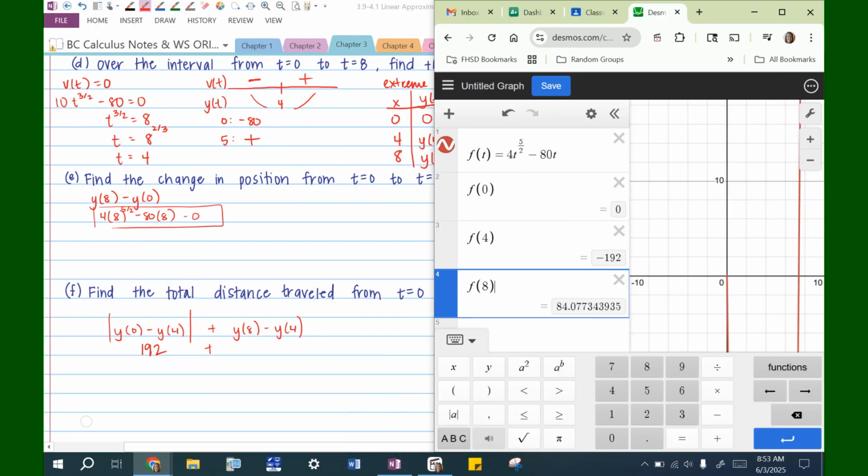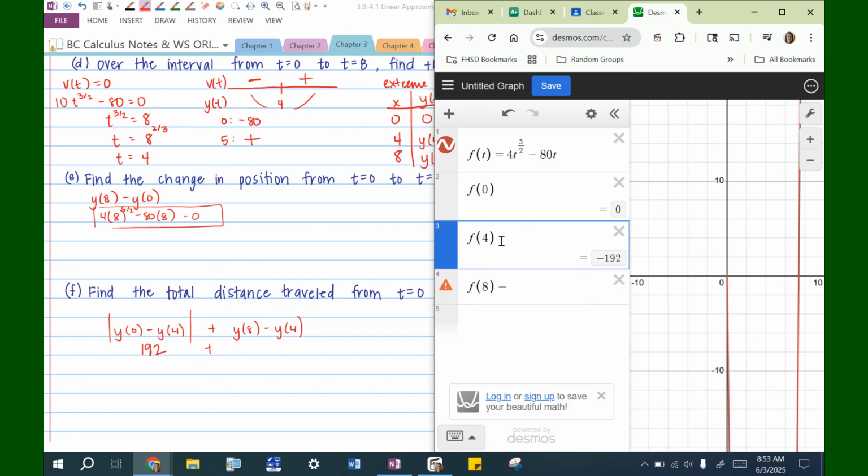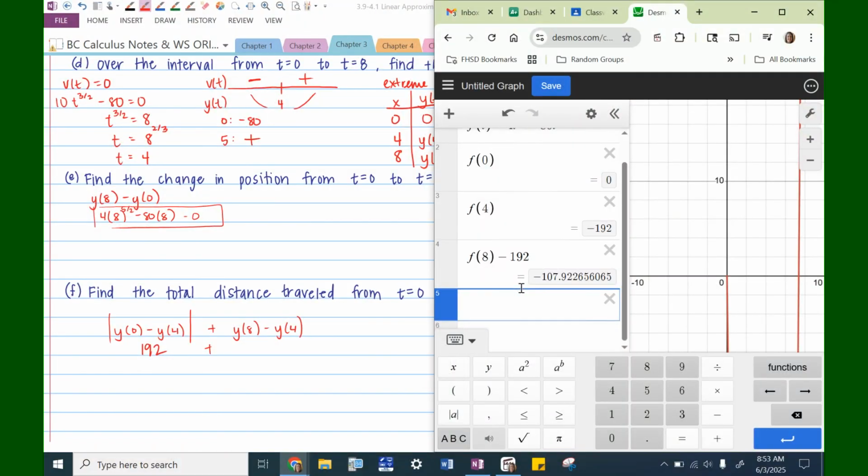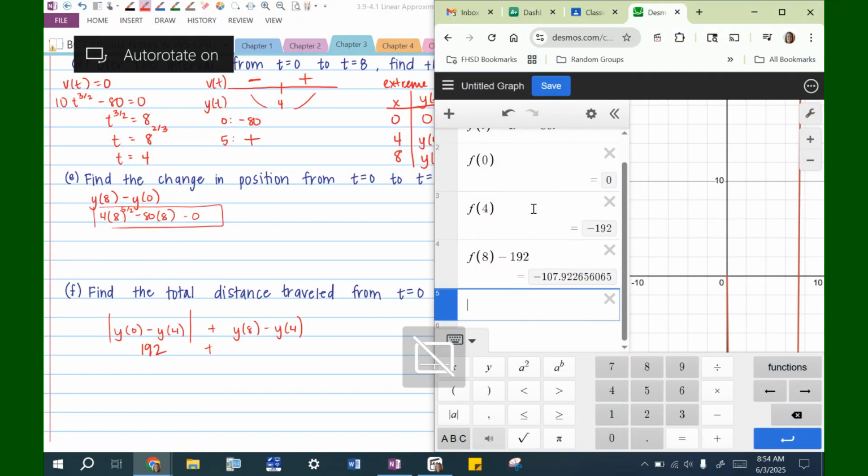So I don't want to do this math in my head. So y of 8 minus, I don't have my screen flipped around. Oh, come on. Okay, fine. Flip my screen around. Minus 192. So negative 107. Oh, wait a minute.